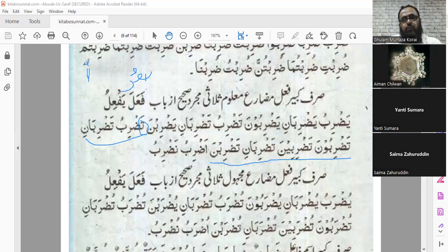From Tansuru, it will be unsur. And the last letter would be majzoom, because Amr also brings jazm to Felul Muzare.